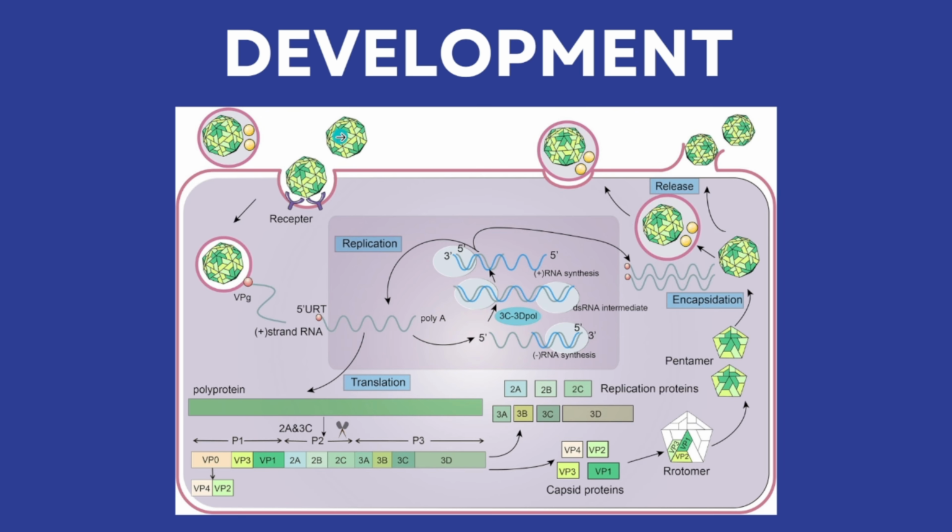So the EV71 virus will bind to the virus receptor on the surface of the epithelial cell. Normally the target cell of this virus is the intestine epithelial cell or the pharyngeal epithelial cell.